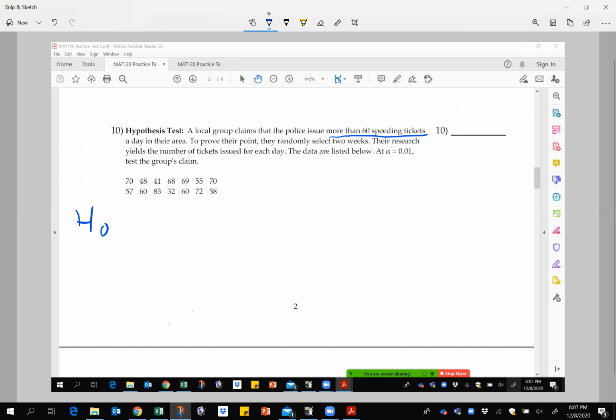So as always, begin by trying to identify your null and alternative hypotheses. They say more than 60. So they're saying that the mean is greater than 60. That would make that the alternative hypothesis, which is our claim.